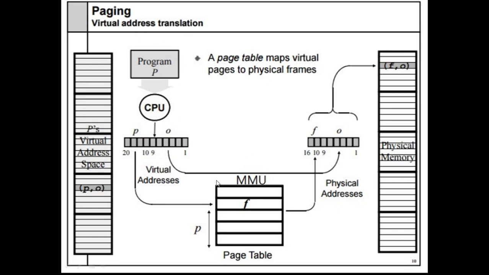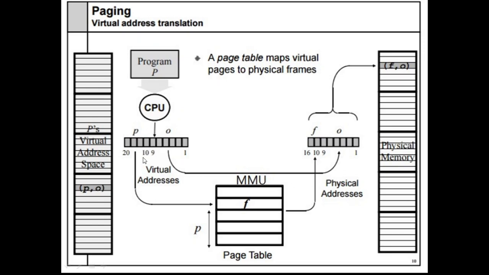Whenever you have a paged memory management system, you have a large virtual address space, which is split into a number of pages. A program is running which supplies some address, and that address is typically a virtual address comprising two parts, page number and offset. Without realizing any of this, the CPU simply forwards it to the MMU.